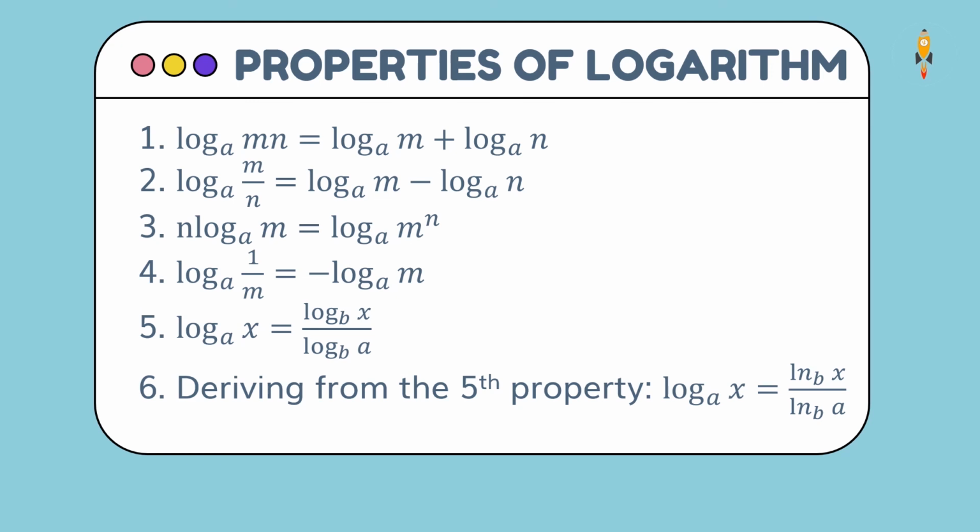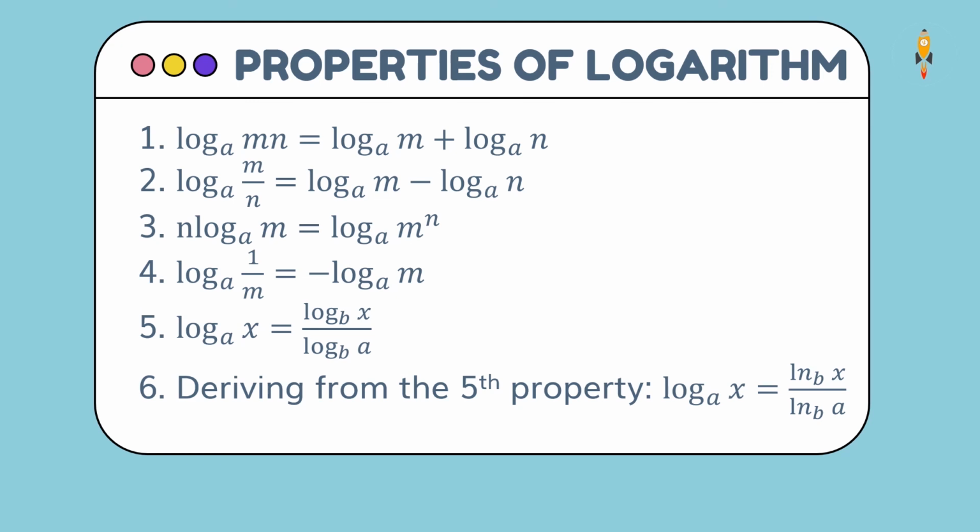Third, n times the log base a of m is equal to the log base a of m raised to n. Fourth, log base a of 1 divided by m is equal to the negative log base a of m. Fifth, log base a of x is equal to the log base b of x divided by the log base b of a.